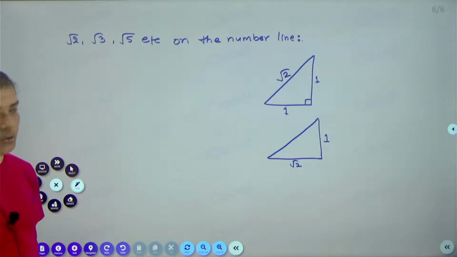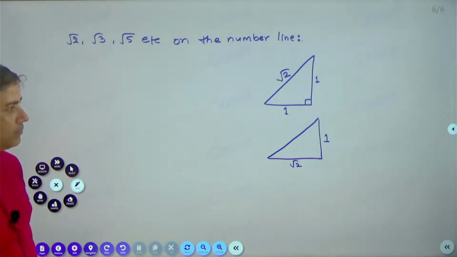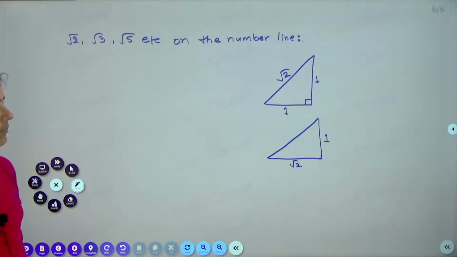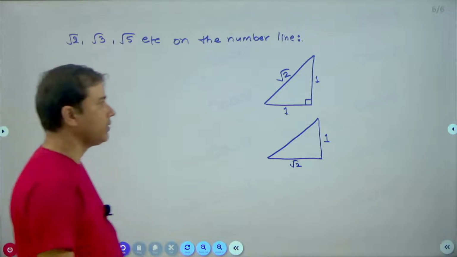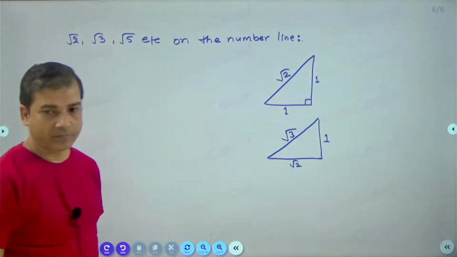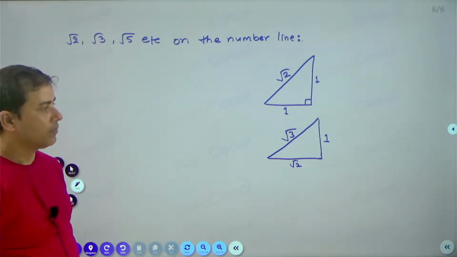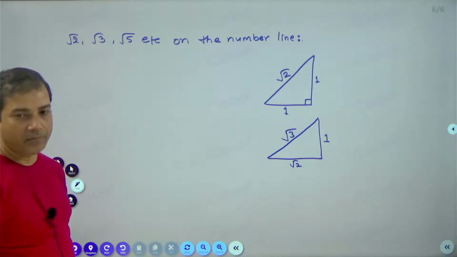If you are unable to guess, do the calculation. Root 3 is right. Is it okay, Ahana? Yes.